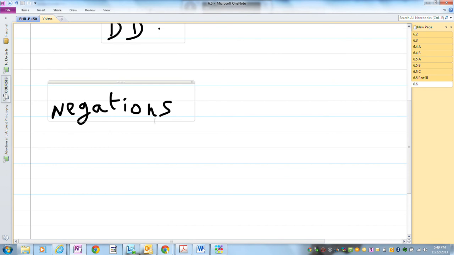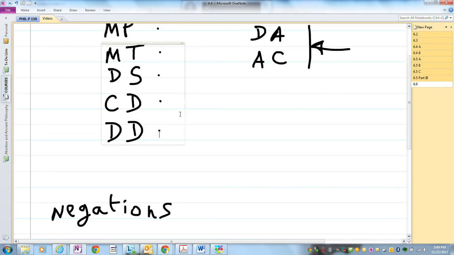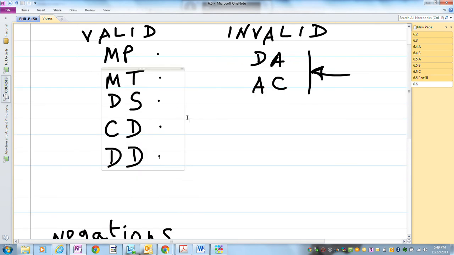What you need to pay attention to before I talk about negations here. What I want you to understand is that each of these forms should be understood exactly as a form, that is, as a pattern that can have many different, or an infinite amount, as a matter of fact, of exemplifications, of instances.